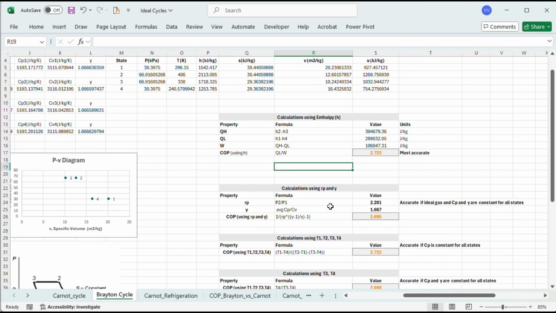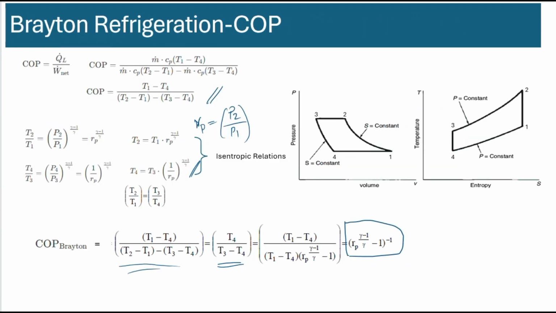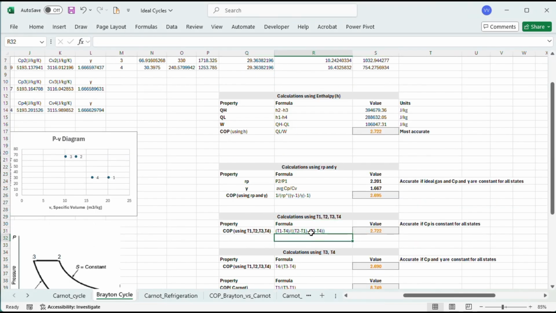We also calculated based on the RP and gamma values, which I've shown you in the PowerPoint file here, the RP and the gamma value equation. And we also calculated using the temperature equation here.